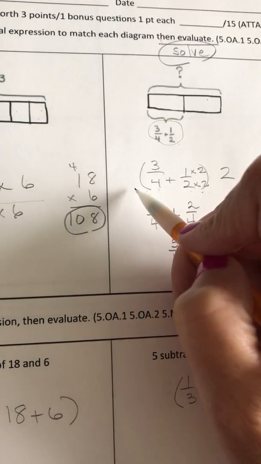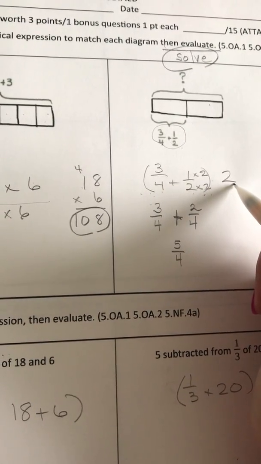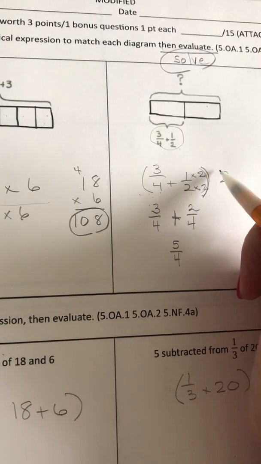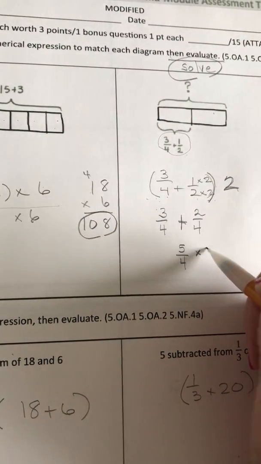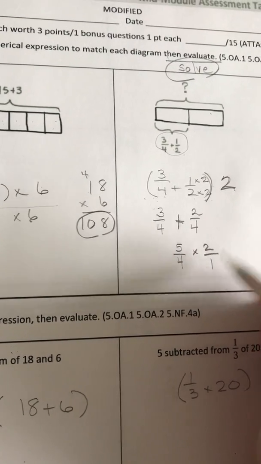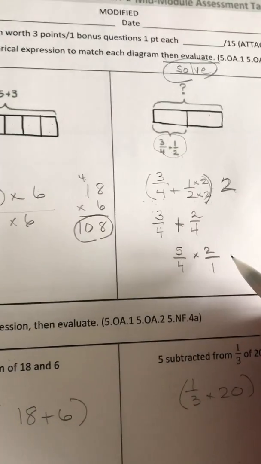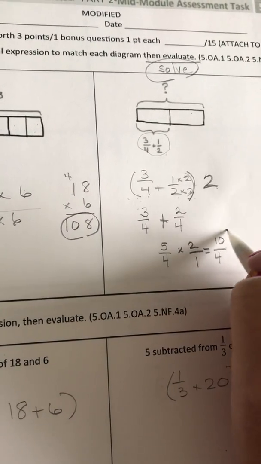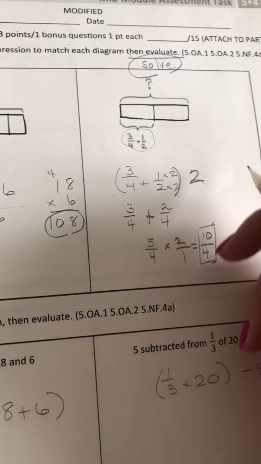Now, here's your parentheses. There's no operation here, and it has a 2. If there's nothing there, here's your parentheses, and then here's your 2. Go ahead and multiply. And we're going to make that 2/1. It doesn't change the value of 2, which is going to become 10/4. This is called an improper fraction.